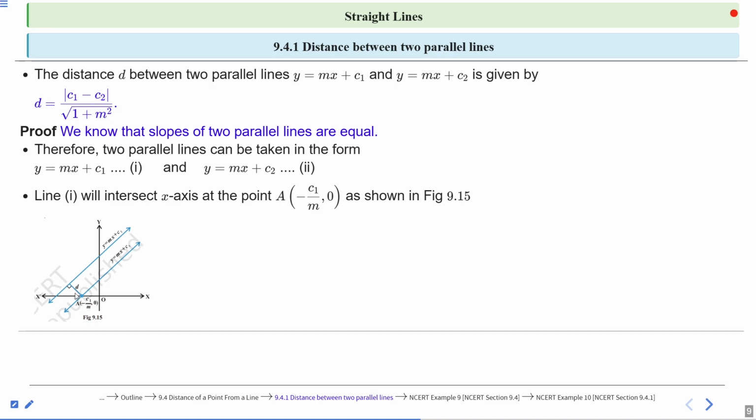Basically, we have to find this distance between the two parallel lines, and since we have the coordinates of point A, we can now easily find it.